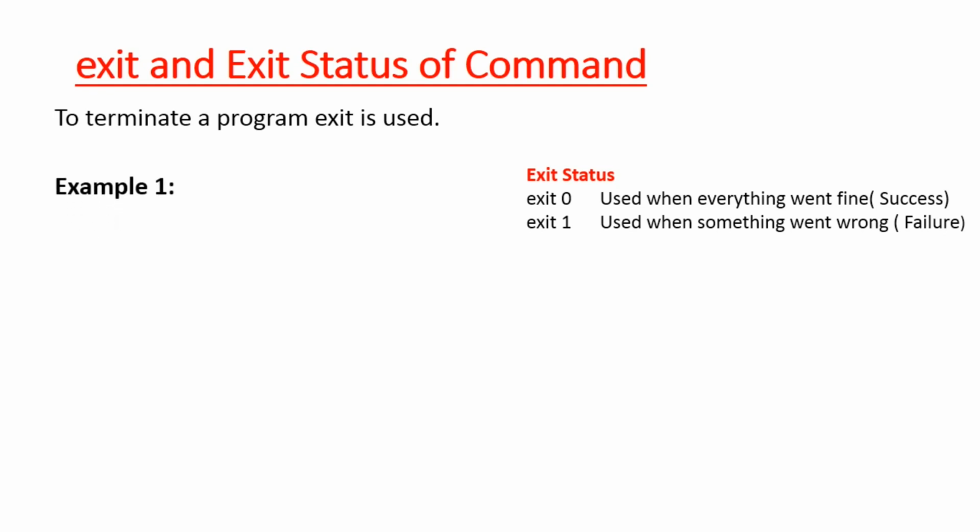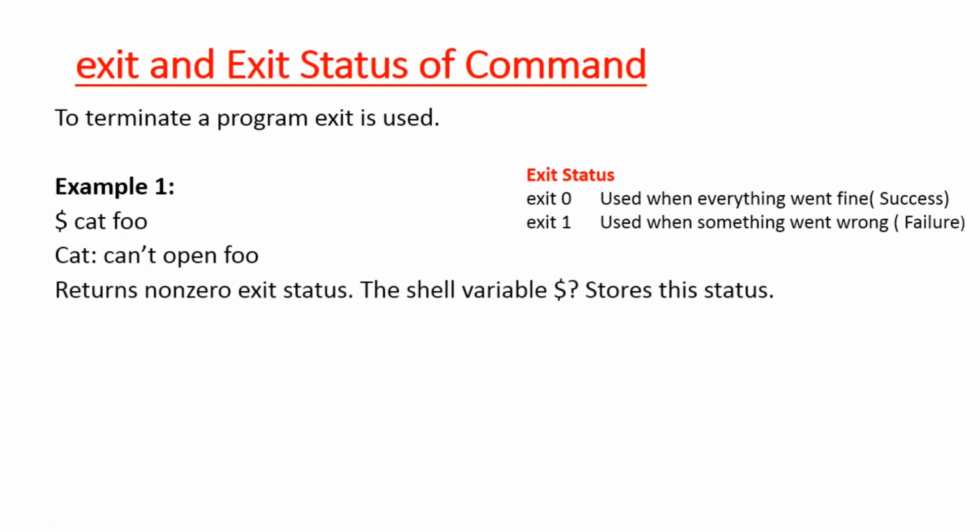Let us discuss one example of how to use exit in a shell script. Here there is one example, cat foo. I am trying to print the content from the file foo. Then I will get an error message, can't open the file foo. There is one error. So this returns a non-zero exit status.